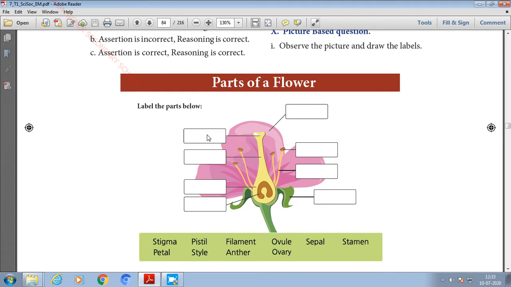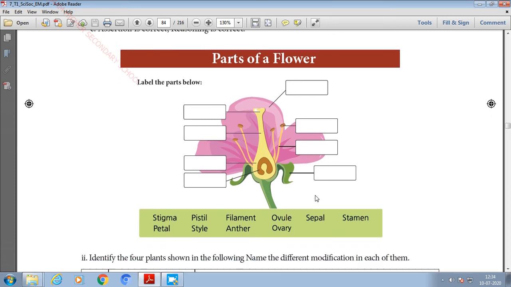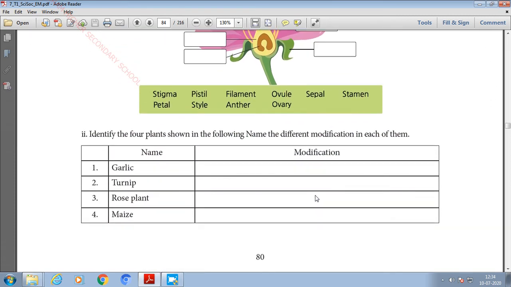So starting from here, this is stigma, this is style, this is ovary, and this is ovule, and here it is petal, anther, filament, and this is sepal. Okay.